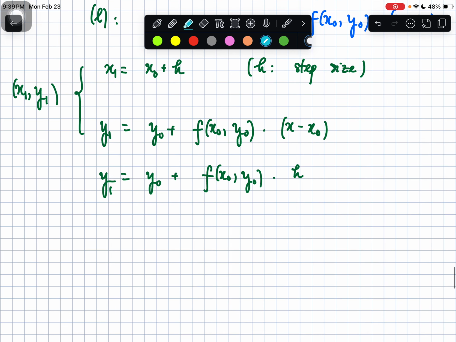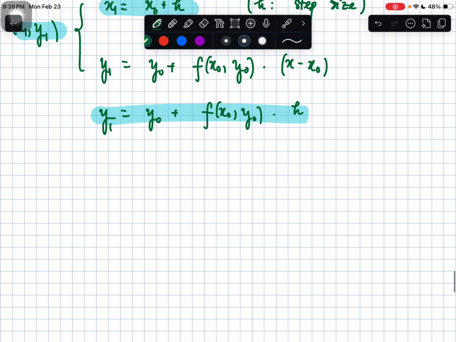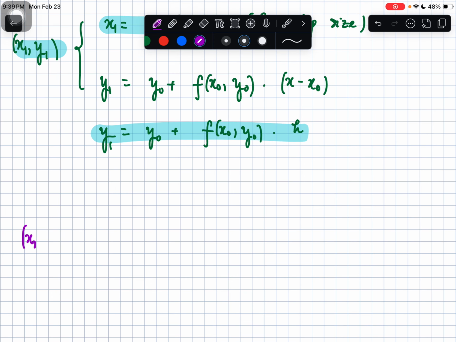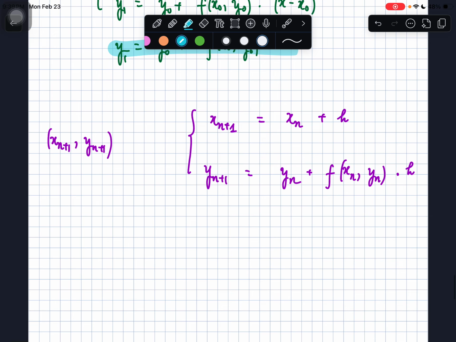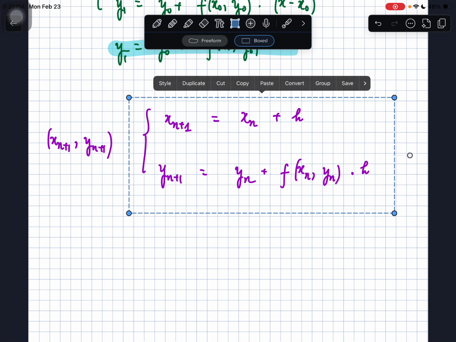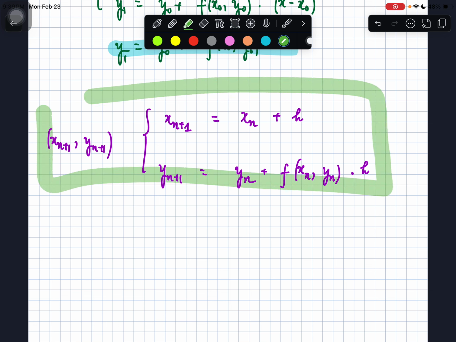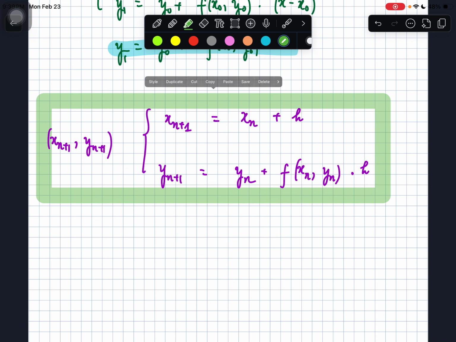So this is a formula for the Euler's methods for (x1, y1), and you do the same thing for, say, coordinates (x(n+1), y(n+1)). So x(n+1) equal to xn plus the step size h, y(n+1) equal to yn plus f(xn, yn) times h. Here are the formulas of the Euler's methods, for all n greater than or equal to 0. This is the Euler's method.